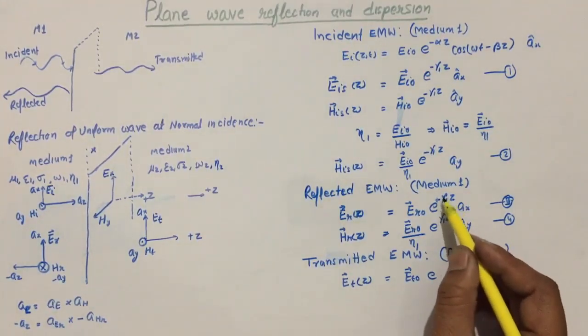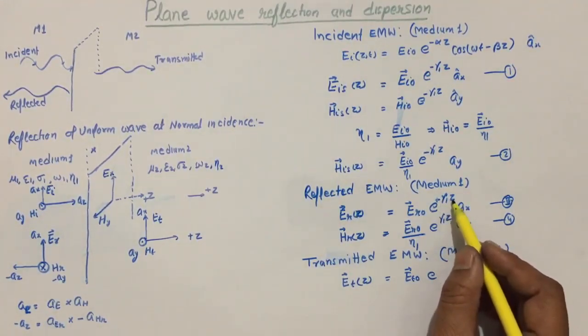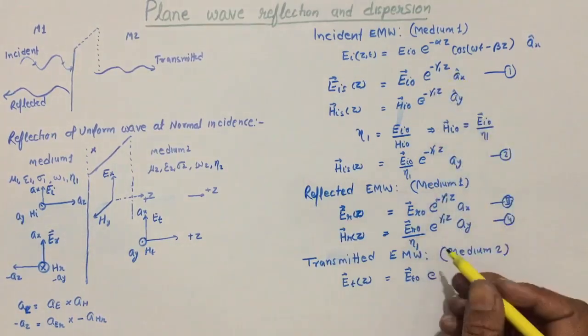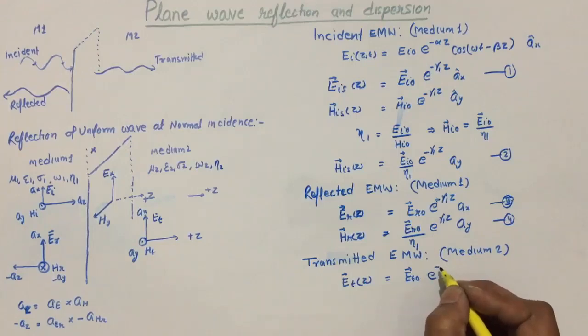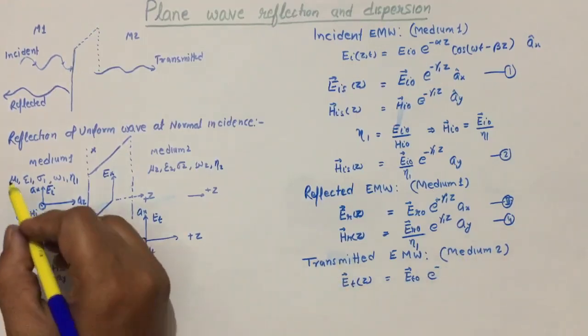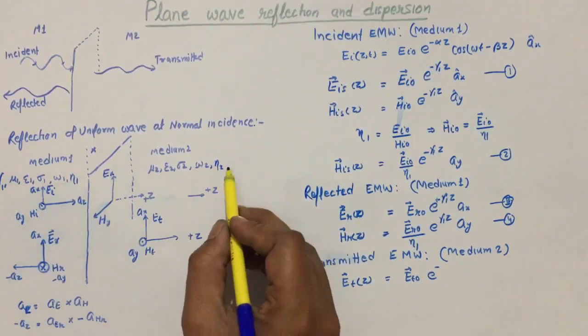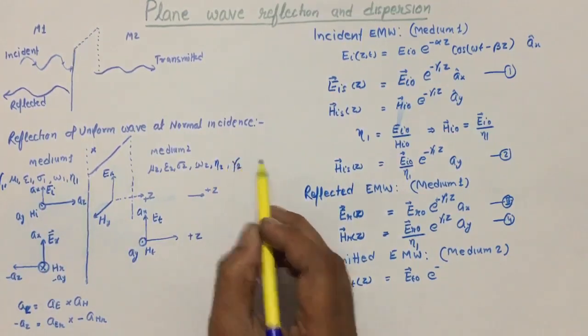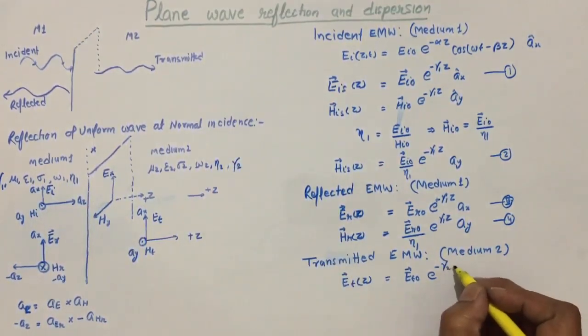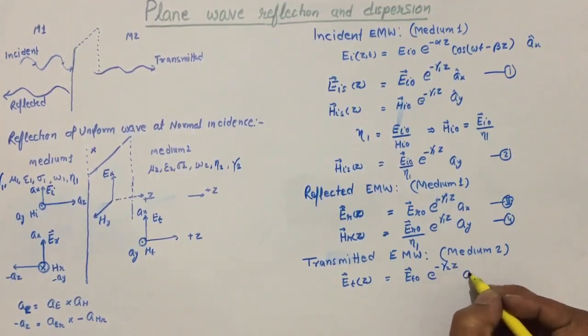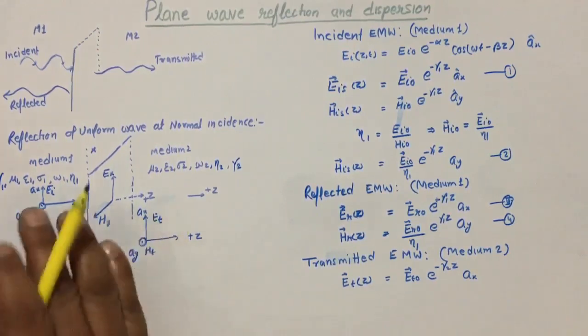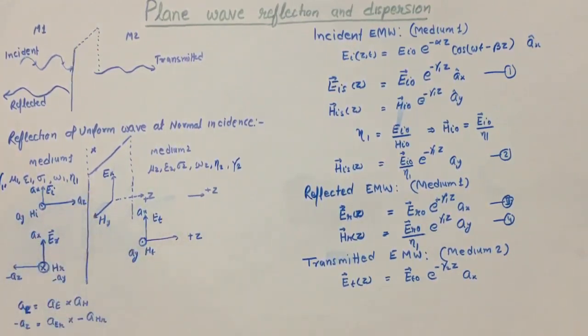What will be this value? Propagation is in the plus z direction. When the propagation is in the plus z direction, then it will follow this. And as the medium is changing, gamma 1 will be here, gamma 2 will be here. So it will be gamma 2 z in the direction of a_x, as it is assumed in the beginning that the direction of the electric field component remains the same in both the mediums.